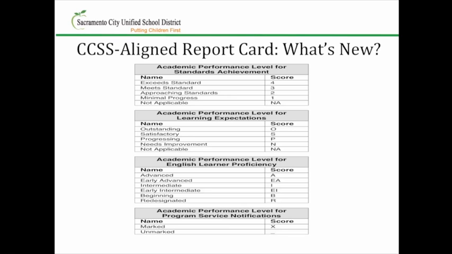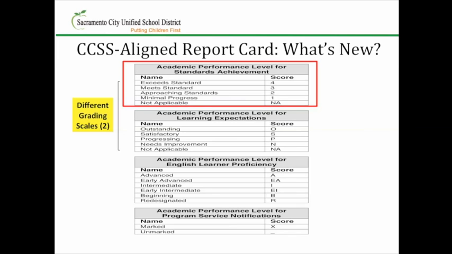Take a look at the far left side of the report card, where you see the grading scales. The first major difference you will see on the report card is that there are different grading scales on the new report card. The first scale, Academic Performance Level for Standards Achievement, is numerical and based on the 4 levels of the new state assessment, the California Assessment of Student Progress and Performance, also known as the CASP.